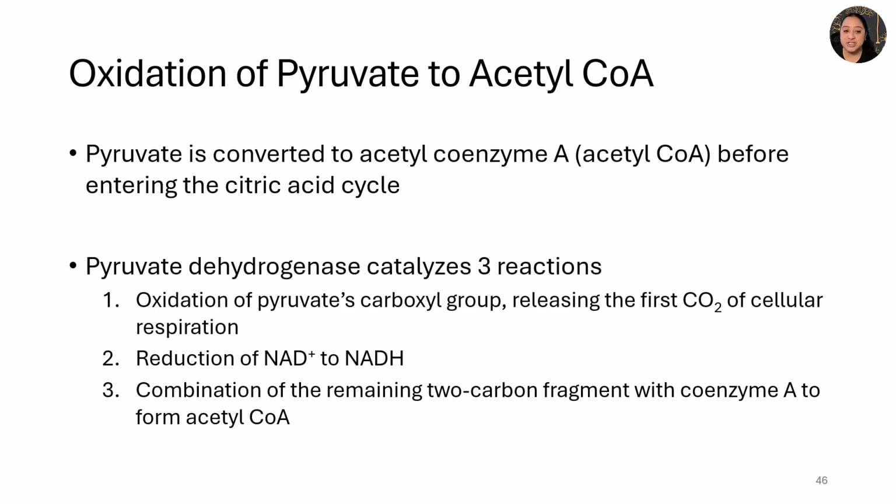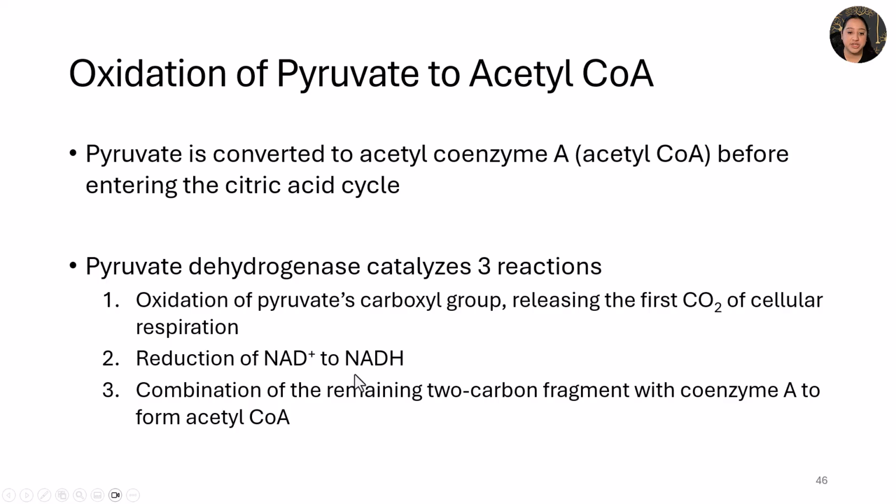Another reaction that is catalyzed by pyruvate dehydrogenase is the reduction of NAD+ to NADH. Remember, oxidation is when something loses electrons, and reduction is when something gains electrons. So it's reduced because it was more positively charged, and now its positive charge is reduced, and now it's neutral.